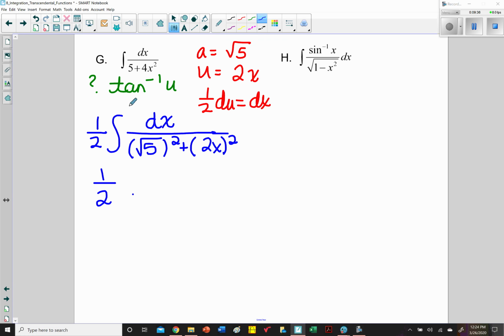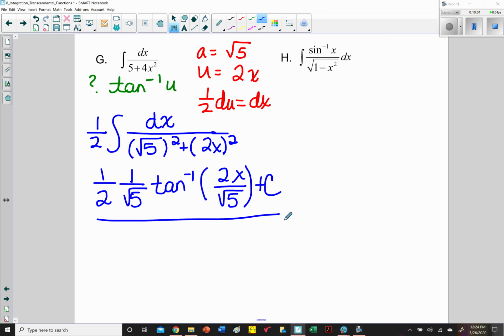So the rule is 1 over a, and our a is square root of 5. So 1 over a tan inverse of u over a plus a constant.